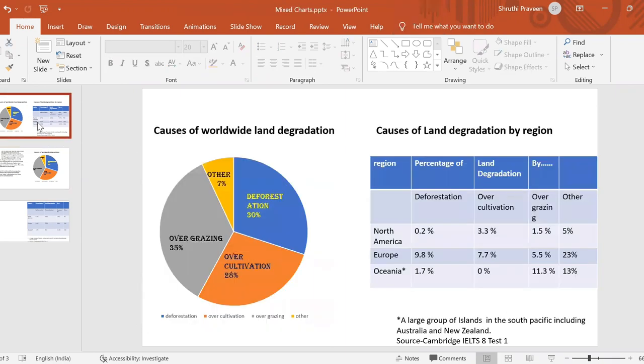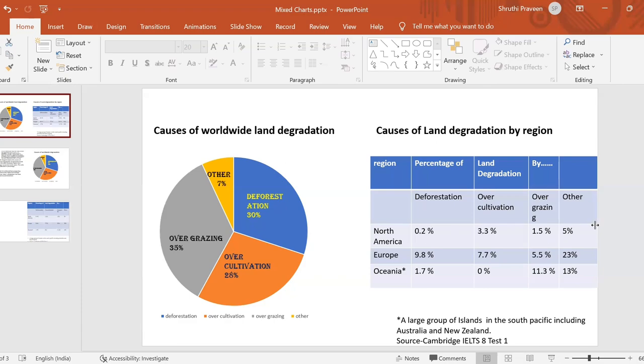Now my second key feature is going to be about the table. Europe has got the largest proportion of degraded land, right? Largest proportion, 23%, 9.8, 7.7, all are higher than the others. While the lowest percentage of the same is from North America, I think: 0.2, 3.3, 1.5, 5%.